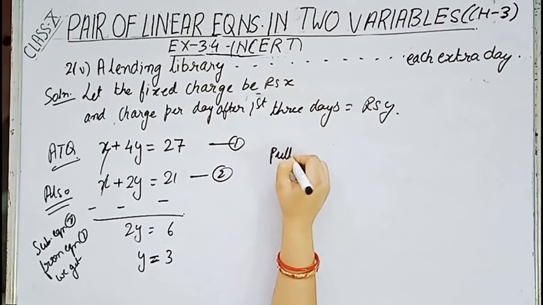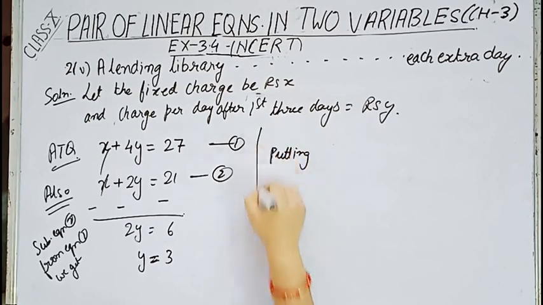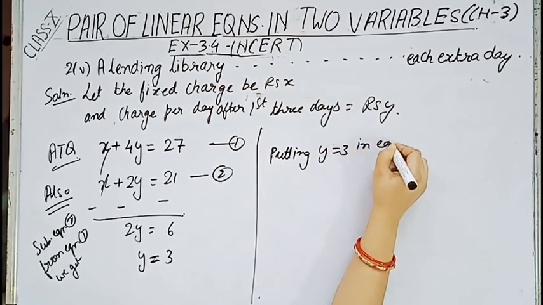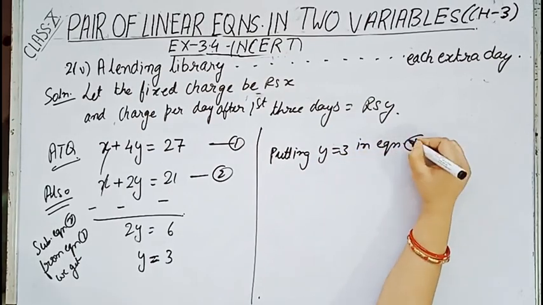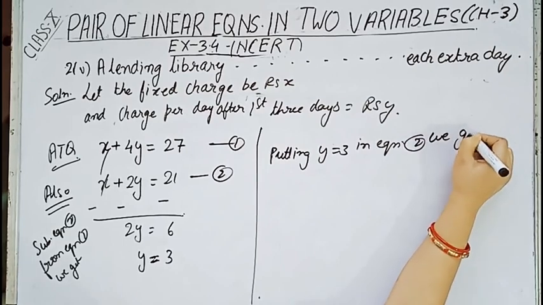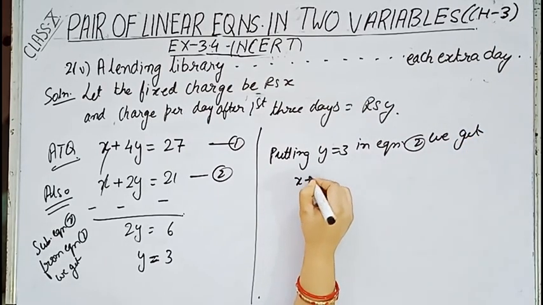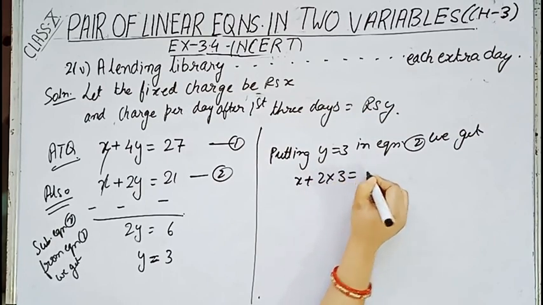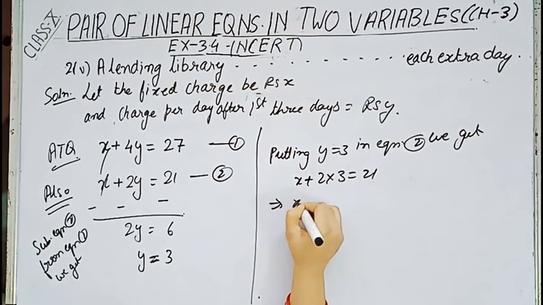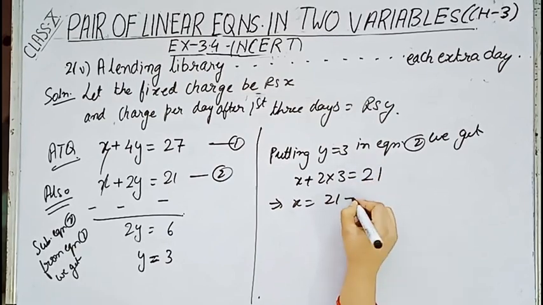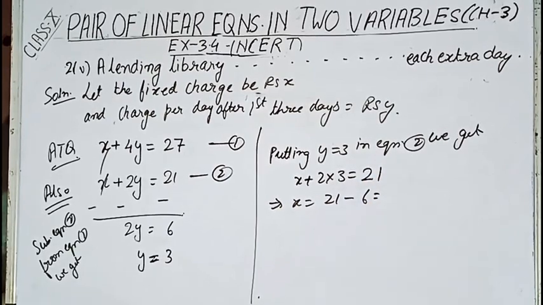Putting y equals 3 in equation 2, we get x plus 2 into 3 equals 21. This implies x equals 21 minus 6 equals 15.